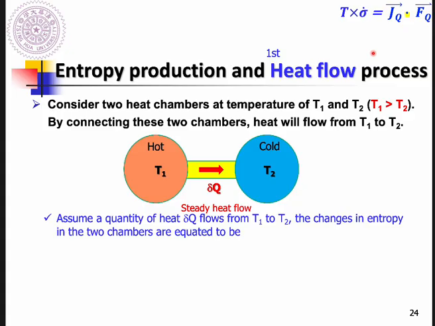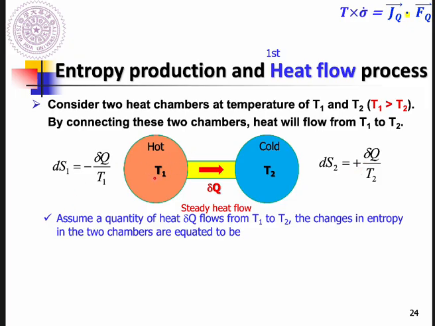So probably you will think about what? The second law: the change in entropy equals the change in heat divided by temperature. And the positive and negative signs mean losing heat or gaining heat.